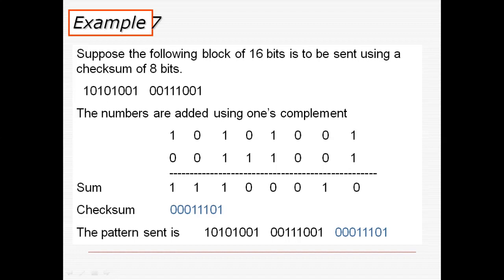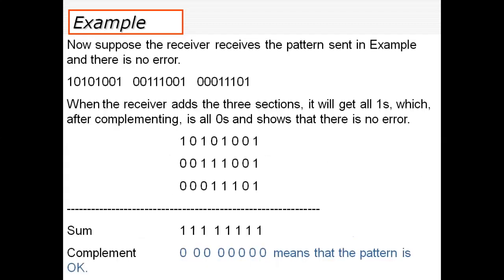So 1 becomes 0, 1 becomes 0, 1 becomes 0, continuous 3 zeros, so continuous 3 ones. Then 1 is here, so 0, and 0 is here, so 1. Now we use this complete string as the checksum, and we send this checksum value along with the data portion.